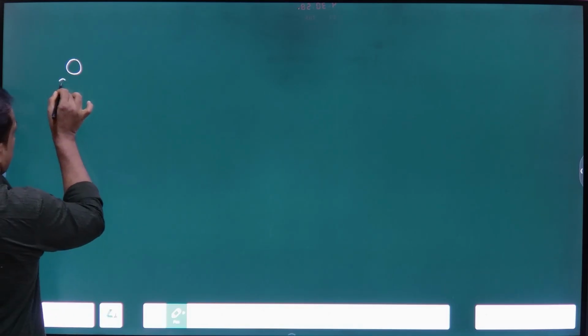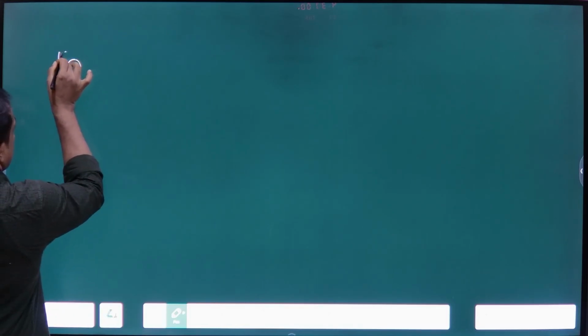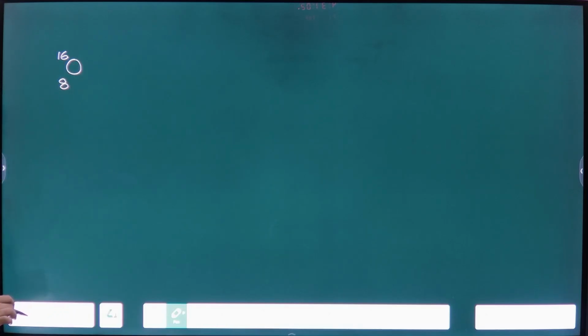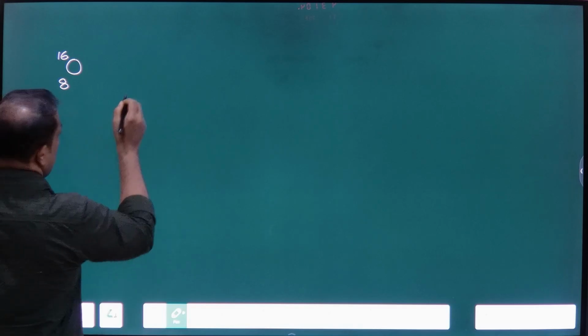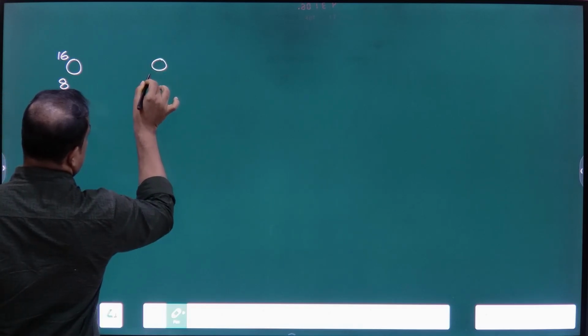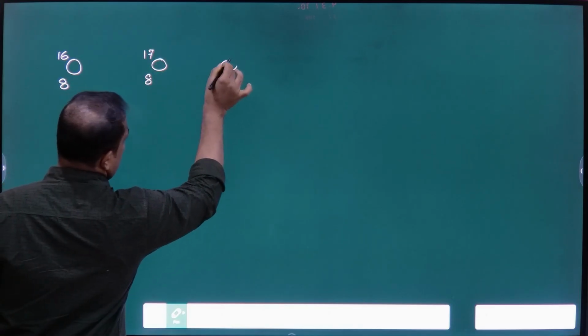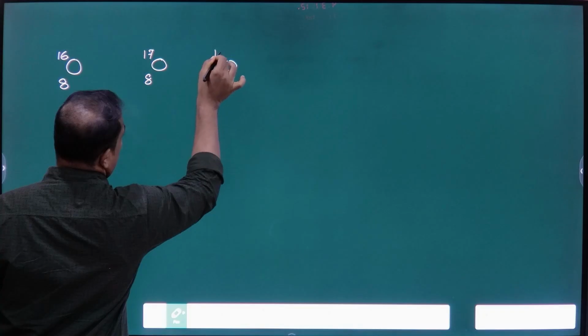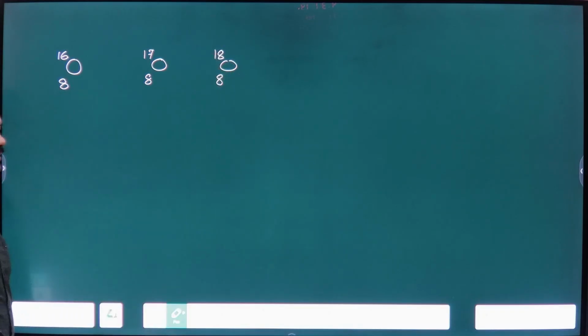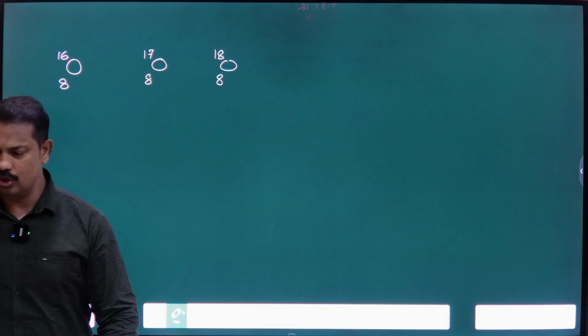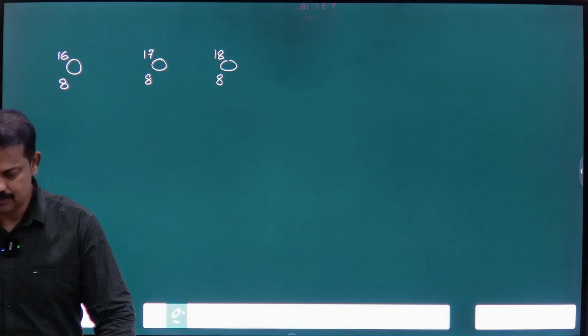So 8O16, 8O17, and one more, 8O18. These are the different isotopes of oxygen.